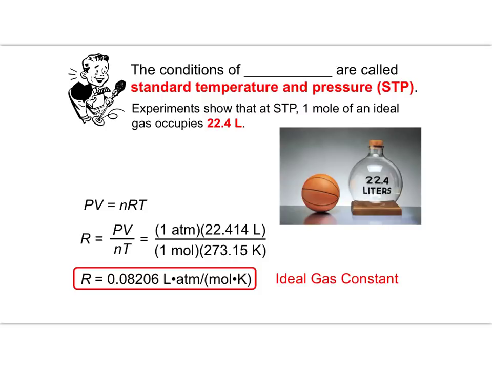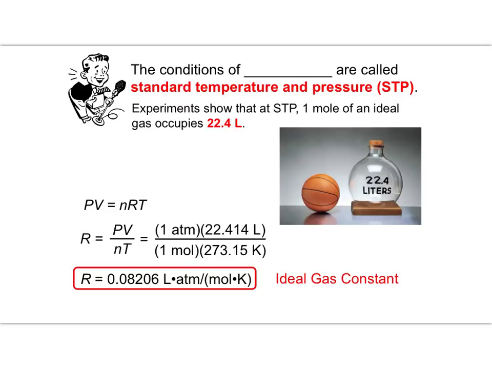So the ideal gas equation, PV equals nRT. R is the ideal gas constant, and this slide shows what that constant is and where it comes from. It's a measured value.